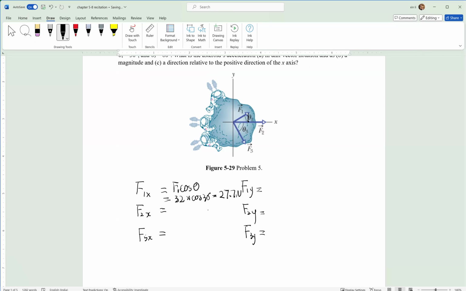And then for F1y, you use F1 sine theta. What you are going to get is 32 sine 30, and you are going to get 16 Newtons.